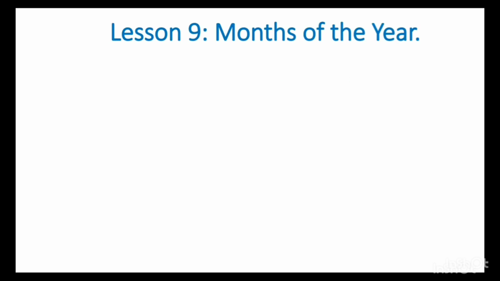In lesson 9, we learned about the months of the year, and we said that there are 12 months in a year in English. Let's practice. Number 1, what is the first month of the year? You should know this. You should know this one, okay?